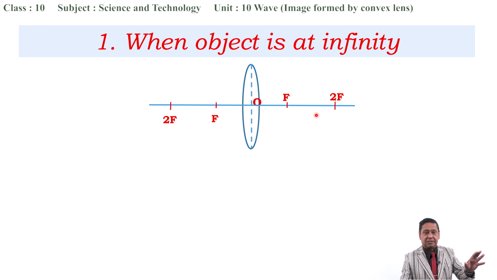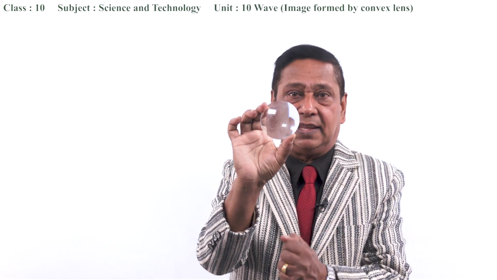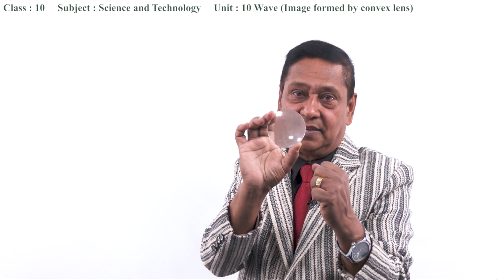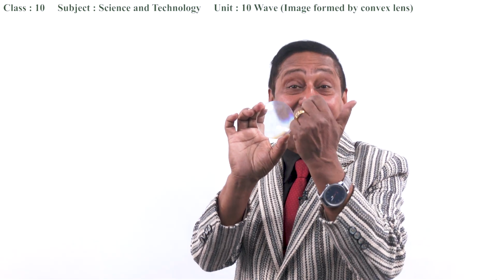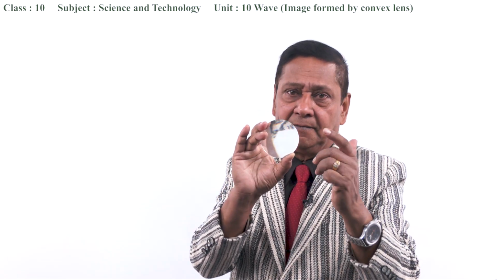Now, it's time to talk about the object. Where is our object? Our object is at infinity. It means if this lens is turned towards the moon, then we can say that the object is at infinity. Now, we cannot show the moon on the paper because it is far away.